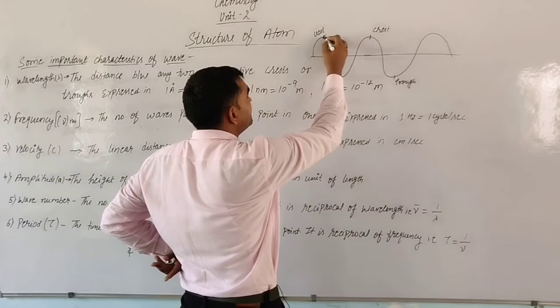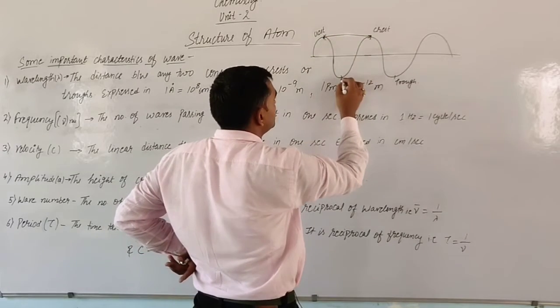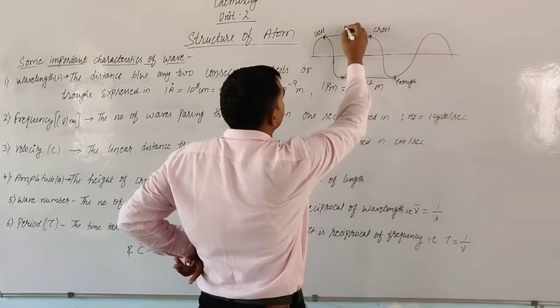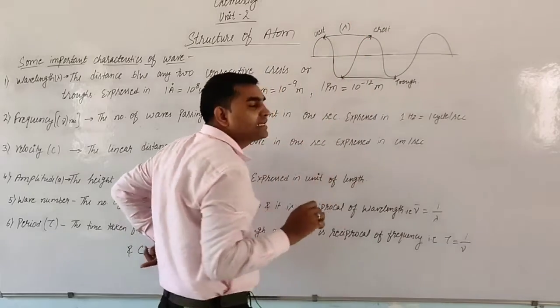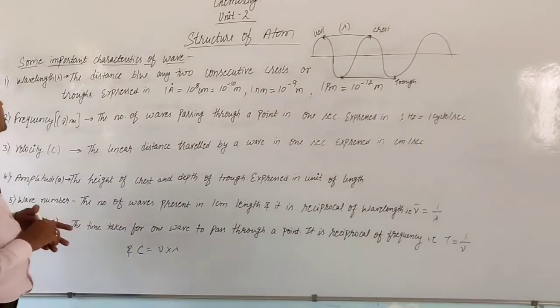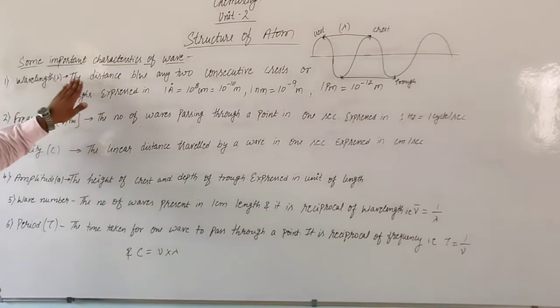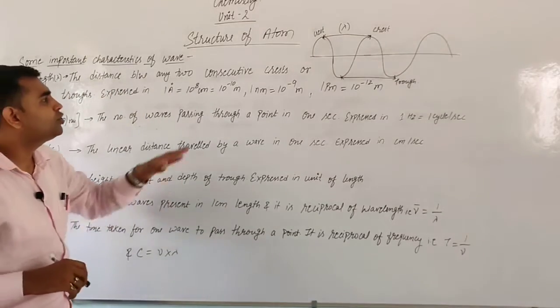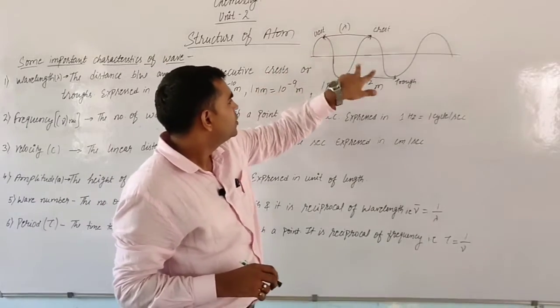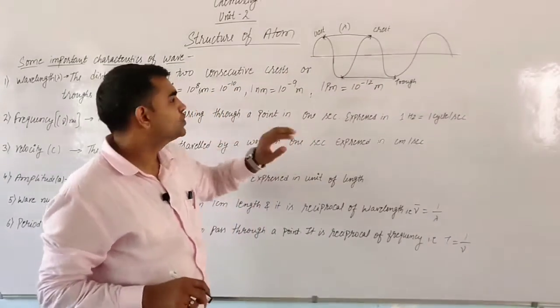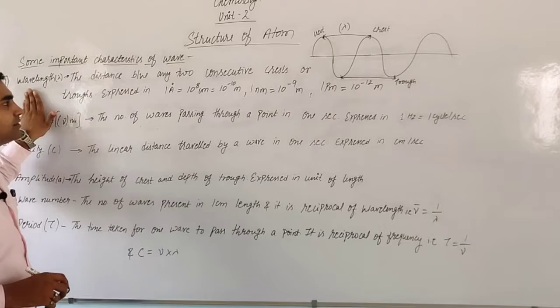The distance between two adjacent crests or two adjacent troughs is known as lambda, that is wavelength. So the basic definition of wavelength is the distance between any two consecutive crests or two troughs.